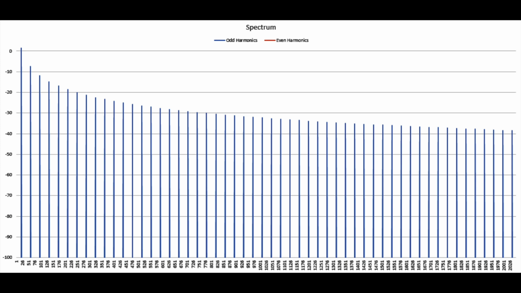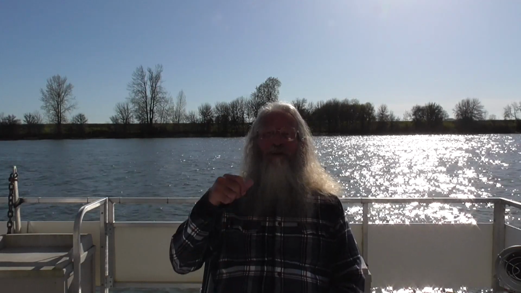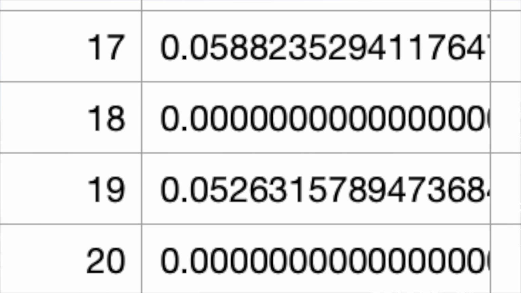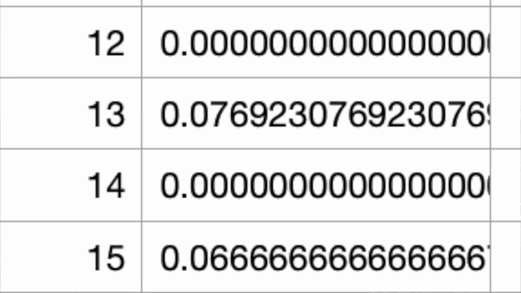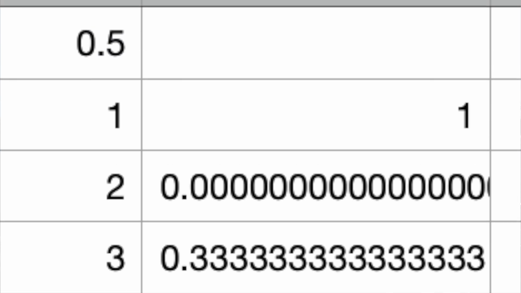Duh! Why? Because if the duty cycle is exactly 50%, then there can't be any even harmonics, because the reciprocal of 50%, 0.5, is 2.